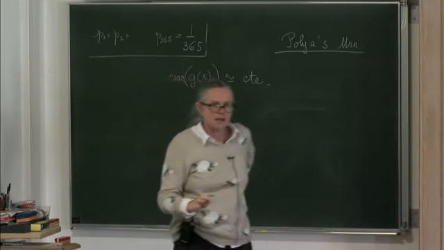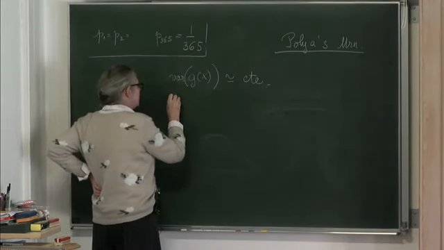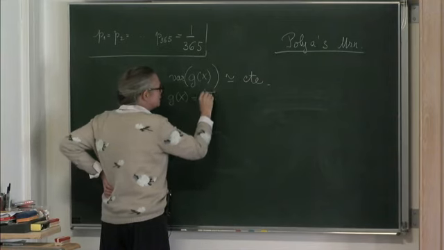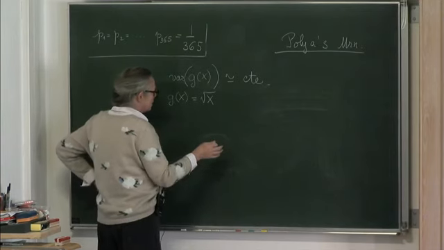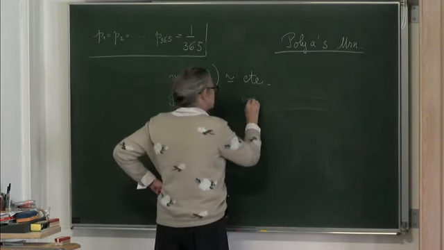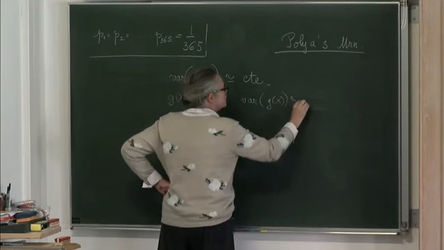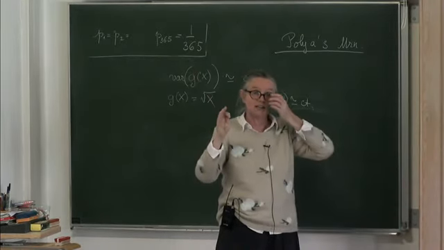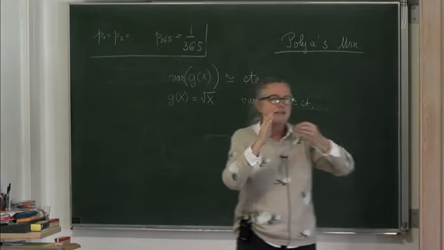For the Poisson, if you take the square root of x, then the variance is approximately going to be constant. So if you have a variance which is constant, which is ideal, then this transformation has saved you from this problem.